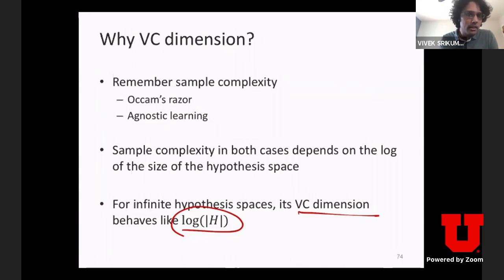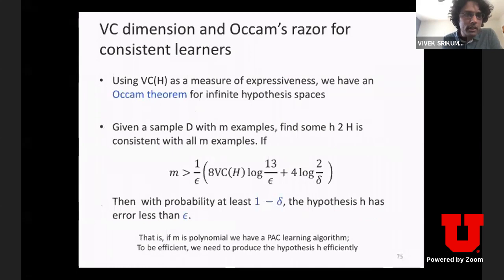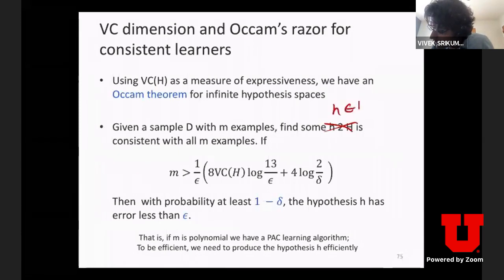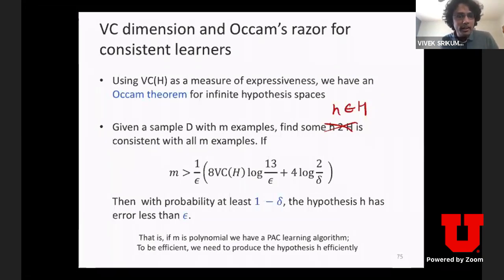In the sample complexity results that we saw before, the sample complexity depended on the log of the size of the hypothesis space for consistent learners. I'm going to state this without proving. Oh, there's a mistake here, it should be VC dimension of H. The VC dimension gives us an Occam's razor result.